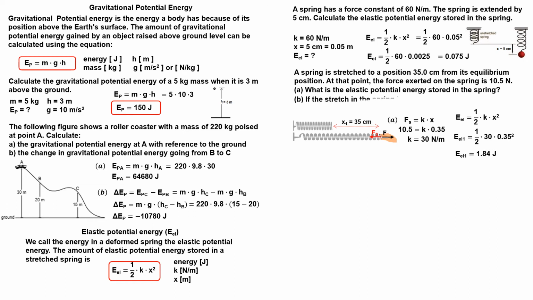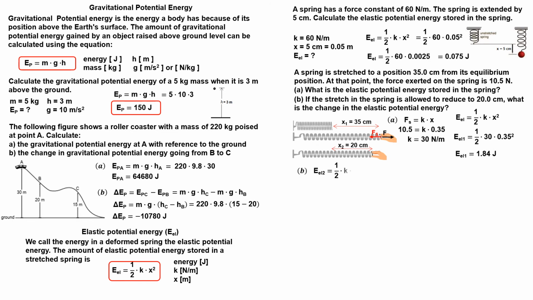If the stretch in the spring is allowed to reduce to 20 centimeters, what is the change in the elastic potential energy? To find the change in the elastic potential energy, first find the elastic potential energy at a stretch of 0.2 meters.